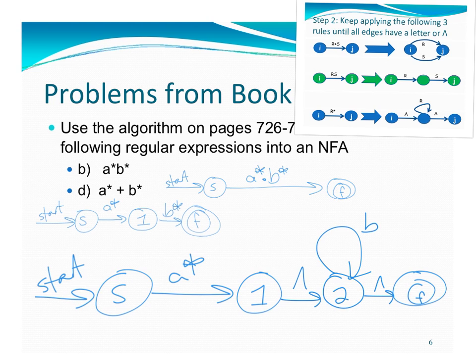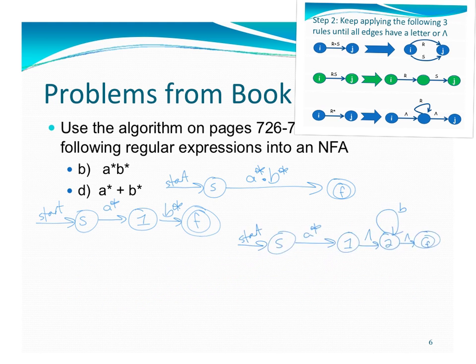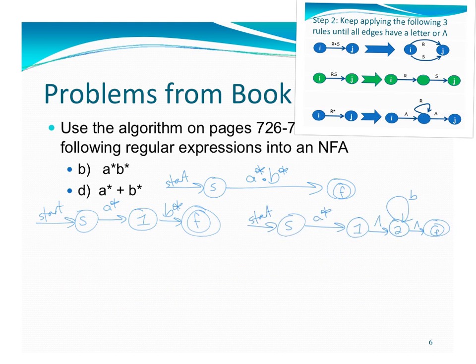And so now when we look at this expression, every transition has a symbol or a lambda except for this one, A star here on that transition. So let's go ahead and we'll reduce just that A star. So shrink that, put it there.